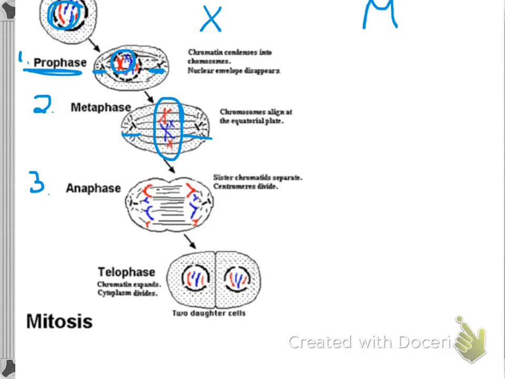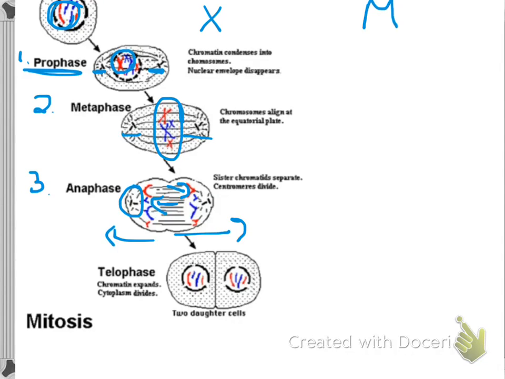Step 3 occurs when the chromosomes start being split, and each sister chromatid separates, and the mitotic spindle fibers are pulling them towards the opposite ends of the cell. So half of this double genetic material is going over here, and the other half is going over here.